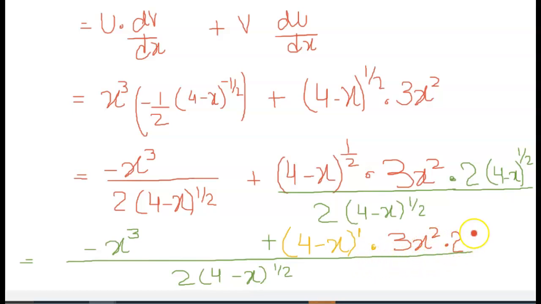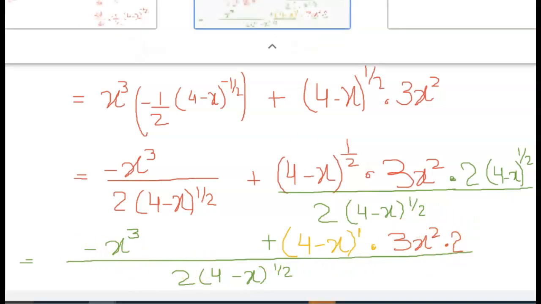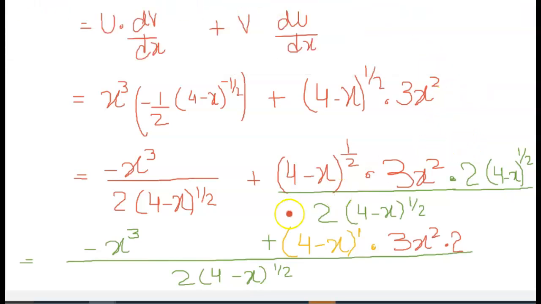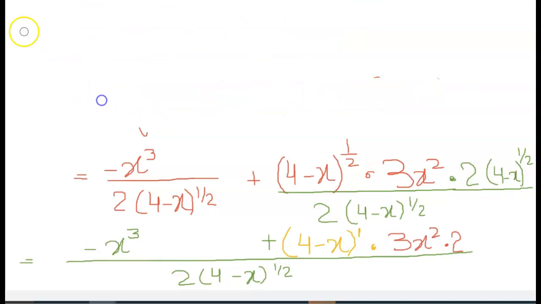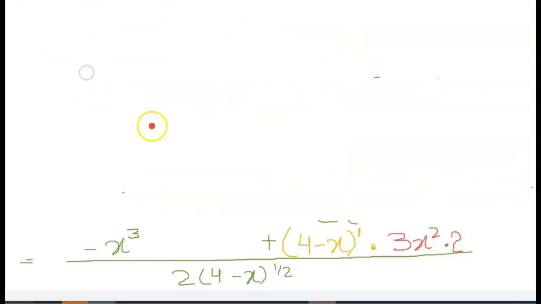Now we need to rewrite this. Let me clear the screen. In the previous slide, we got this as the answer, the last step.